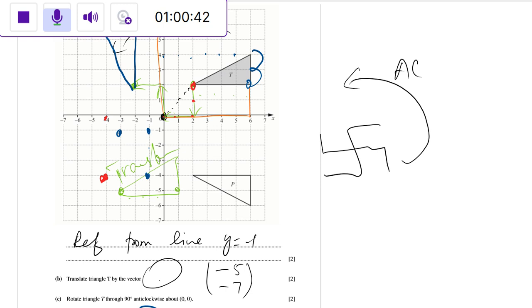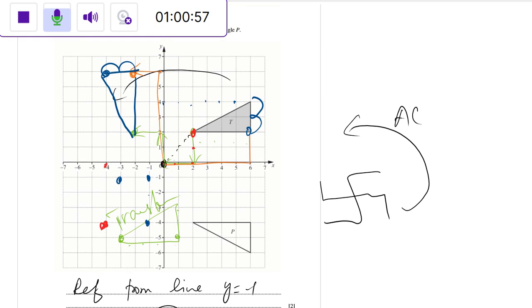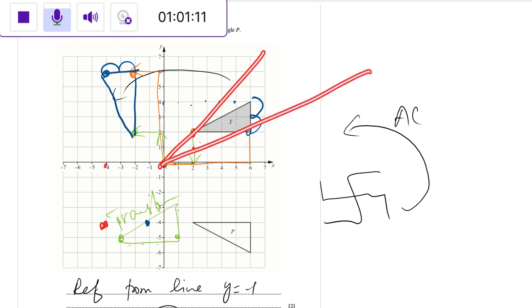And 4, 6, so 2, 3. Oh, God. I have been doing it wrong. Sorry. As it is in positive direction, so I have to move in this direction. In this direction.